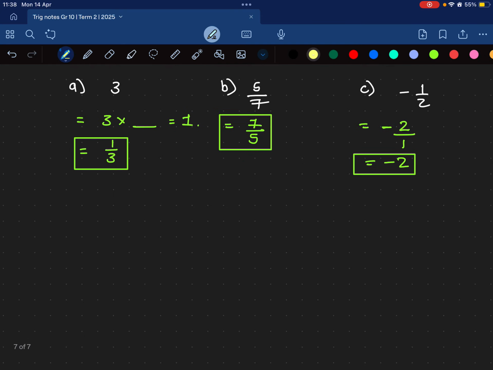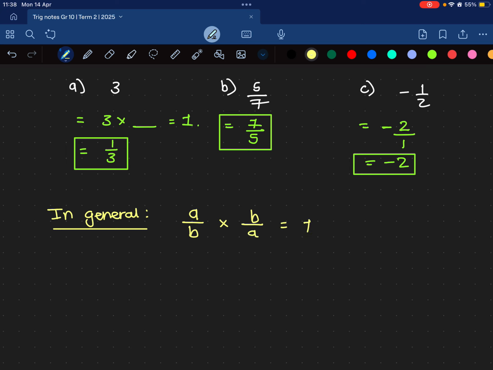So again, in general, we can follow the rule that says if you have A divided by B and you multiply that by B divided by A, you will get 1, where this one is the original and this one would be the reciprocal.